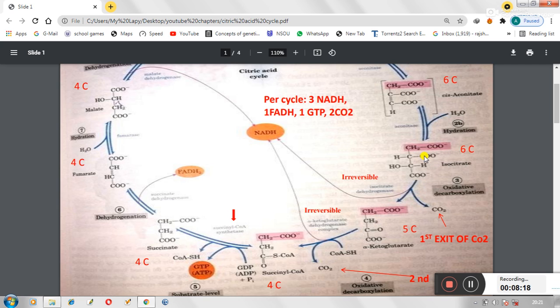This is the most important step, because many phenomena occur here. One molecule of carbon dioxide is released, as well as one molecule of NADH is produced. That is a reduced energy source. This reduced energy source will give ATP energy to our cells in terminal respiration. So this one is very important.